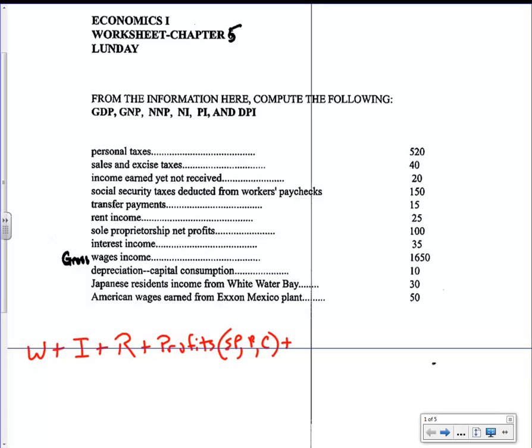We're going to add back the capital consumption allowance. We're going to add back the indirect business taxes, and we're going to subtract out the net factor income from abroad. That will give us the gross domestic product. So with that in mind, we're going to plug the numbers in.